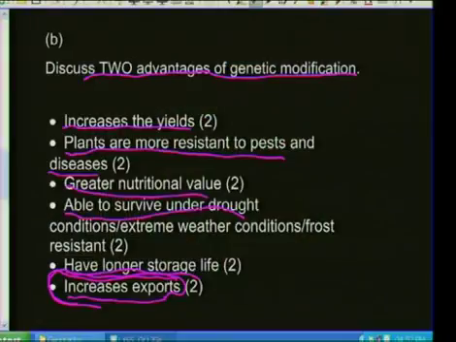So that's your genetic modification, all right? Increasing yields, etc. All the positive things about genetic modification. If you gave 2, I'd like you to discuss it a bit more. Remember, it says increases yields. I'd like you to add a few more words there. That means there's more of the crop growing per hectare of land, etc. Plants are more resistant to pests and diseases.